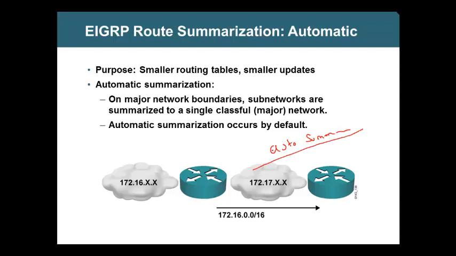Earlier, whenever we configured EIGRP, we used to type no auto summary. Some people used to do that without knowing why they are doing it. They configure EIGRP and say, oh, this is one of the default commands I have to type when I enable EIGRP. Not really a good idea.